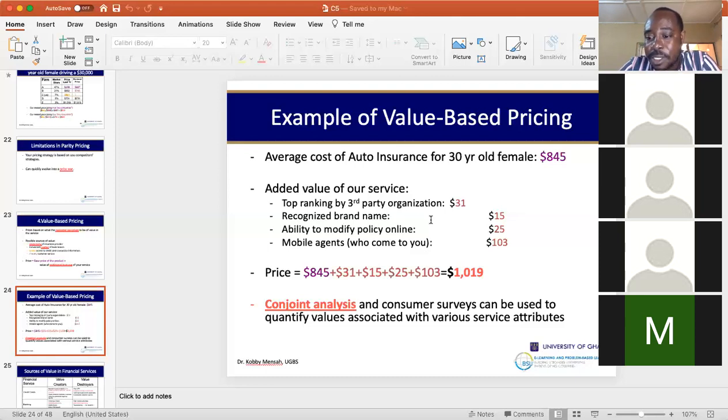Are you with me, Joseph? I'm with you. Yeah. So you can have two products or two services in your portfolio targeted at different customers with different offerings or different attributes and charge differently.